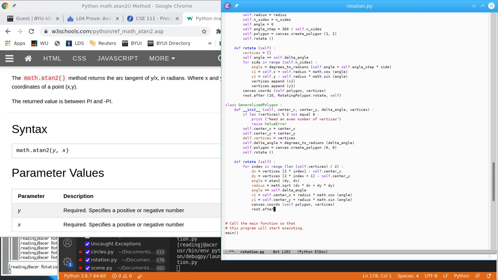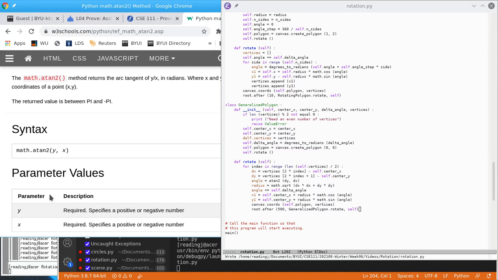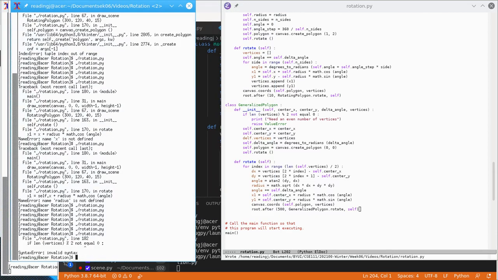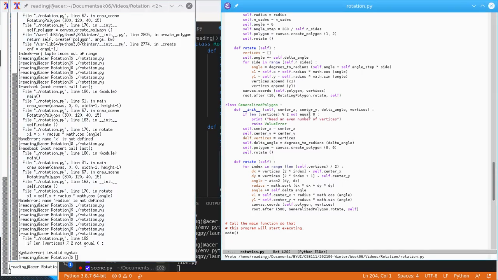Root.after. We're going to give ourselves a half second in between times. Generalized polygon.rotate self. And you recognize that pattern too. But now we get to see if we recognize what happens. I can't say. Alright, so I'm going to say not equal like that.